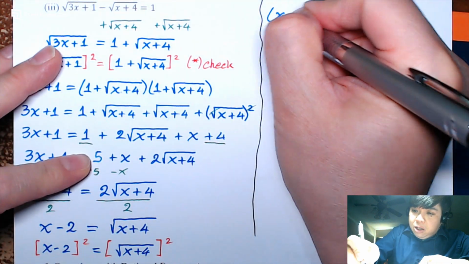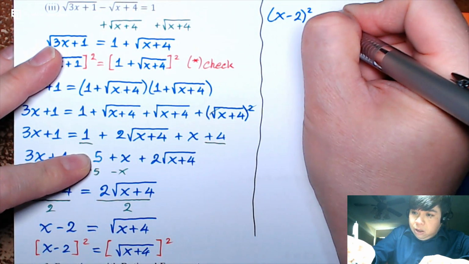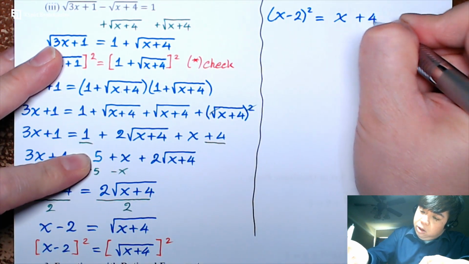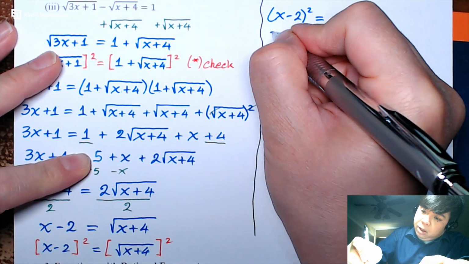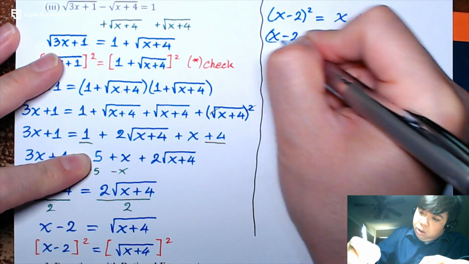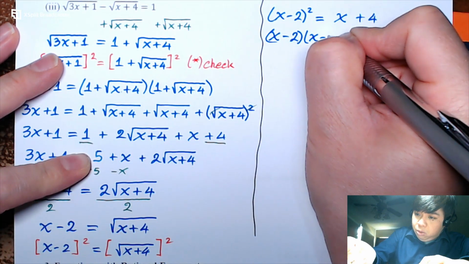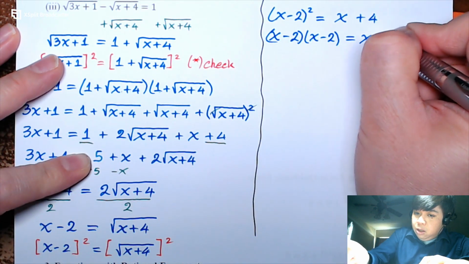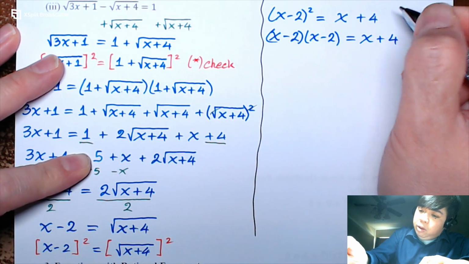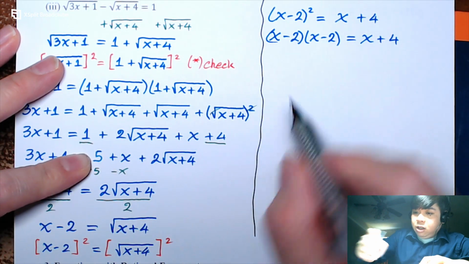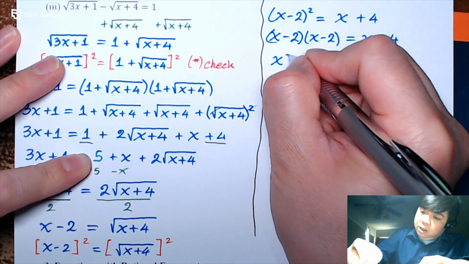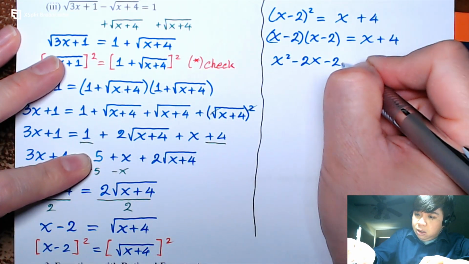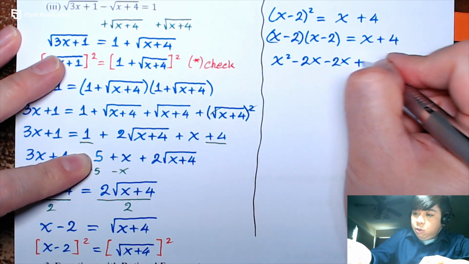Right, x minus 2 squared, and square root squared gets x plus 4. Right, multiply this out. x minus 2 times x minus 2, equal to x plus 4. Multiply it out: x times x, x times -2, -2 times x, -2 times -2 is 4.